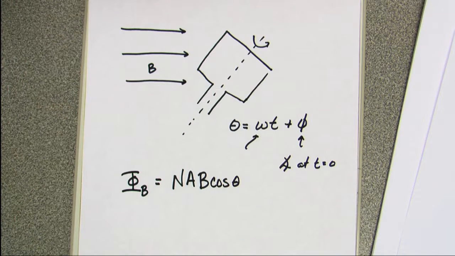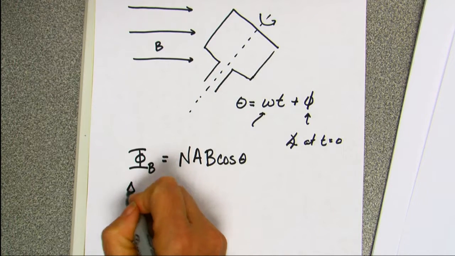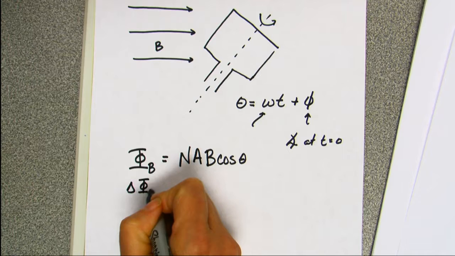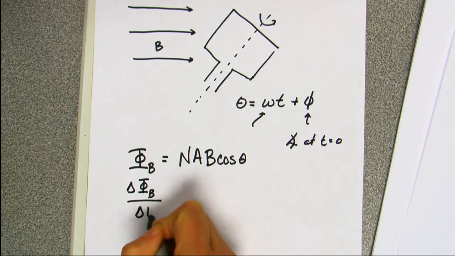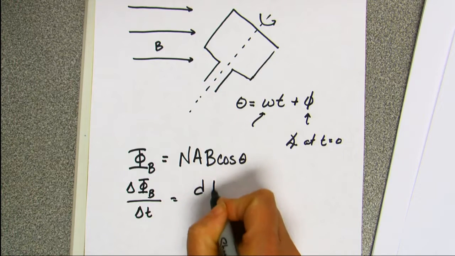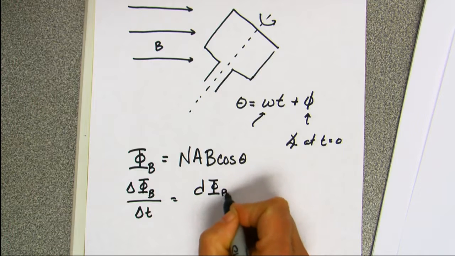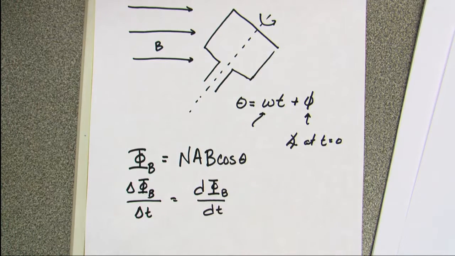Okay? And we can do a couple of different things. If I look at my change in my flux with respect to time, or because this is engineering physics, we're going to go ahead and write it that way. Really no difference. It's just how small my changes are, so I can integrate over them.